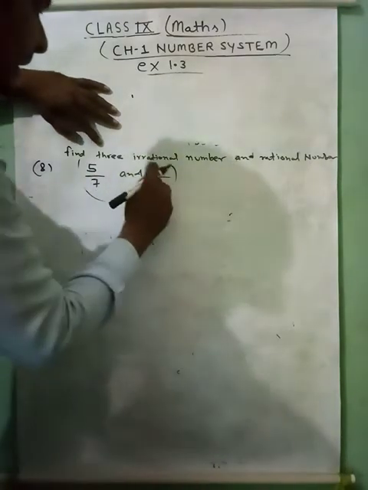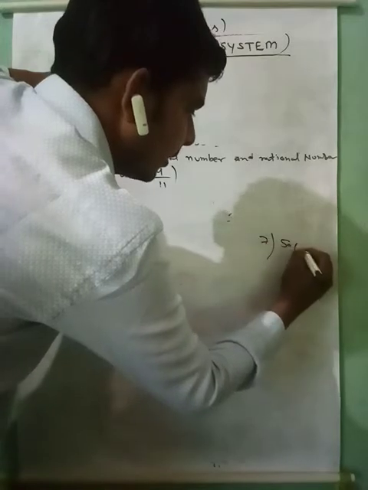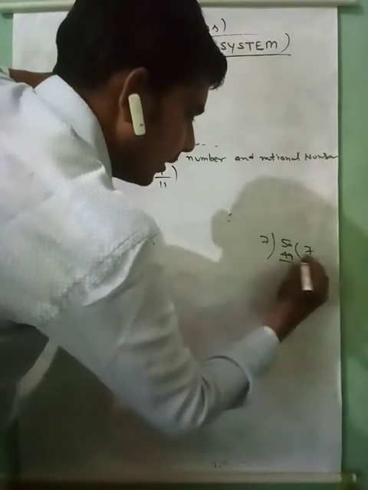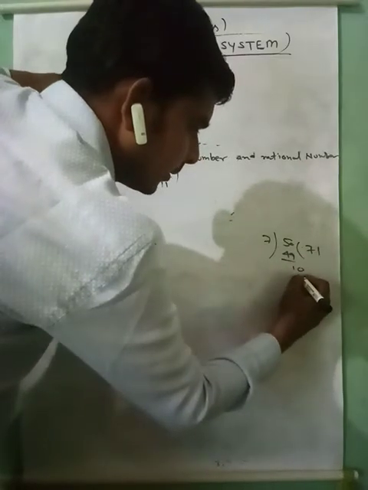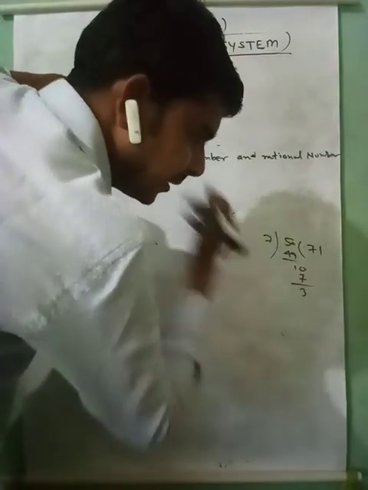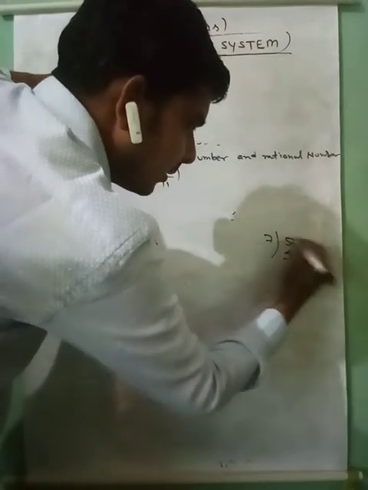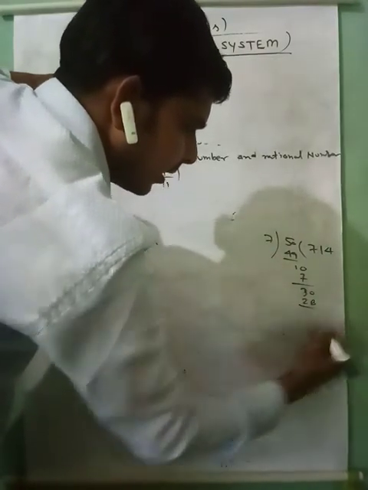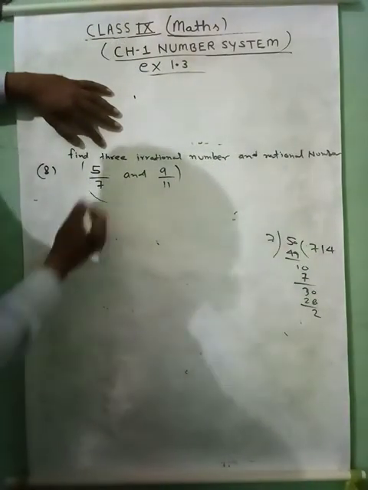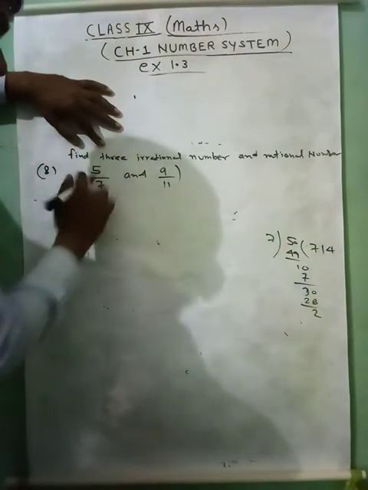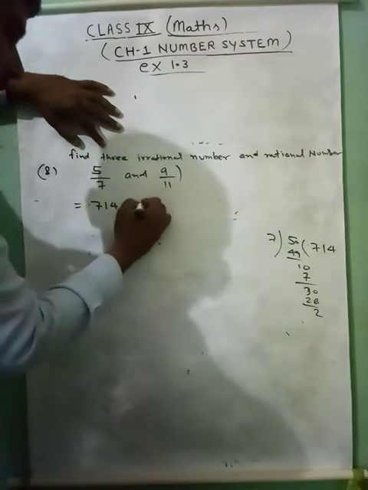It is 5 and it is 9. So 5 when divided by 7 is 0.714, approximately 0.714.